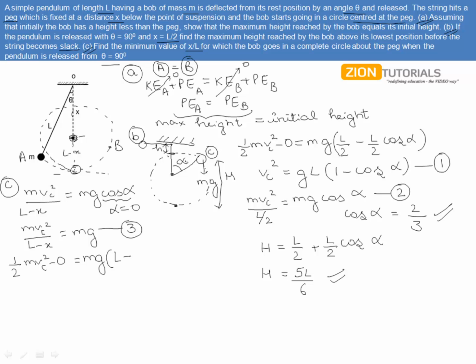So twice of L minus x will be subtracted. So from here we get Vc squared equal to 2g into 2x minus L, and marking it as equation number 4 and equating Vc squared from equations 3 and 4, we get x by L equal to 3 by 5 equal to 0.6. So the x by L should be at least 0.6 for this bob to complete this whole circle.